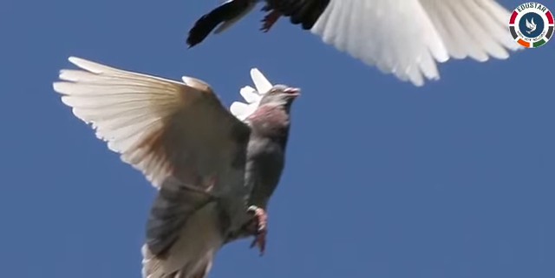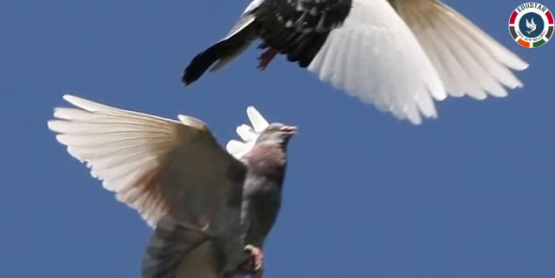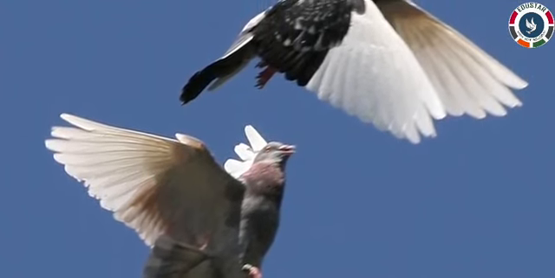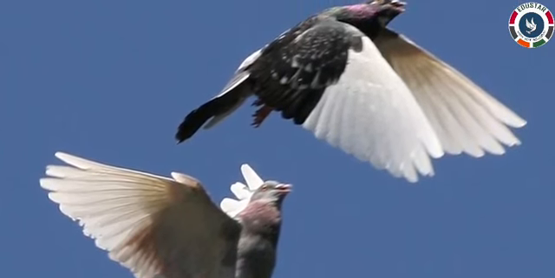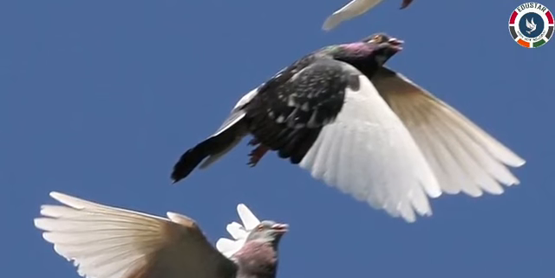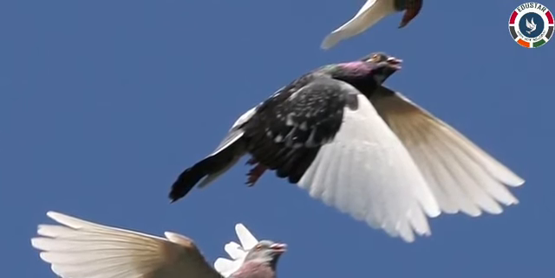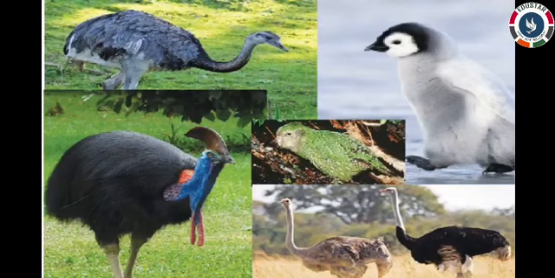During the upstroke movement, the wings are open and move upward and backward. During the downstroke movement, the wings are closed and move downward and forward. Then, what about flightless birds? There are some birds which cannot fly. They are called flightless birds.